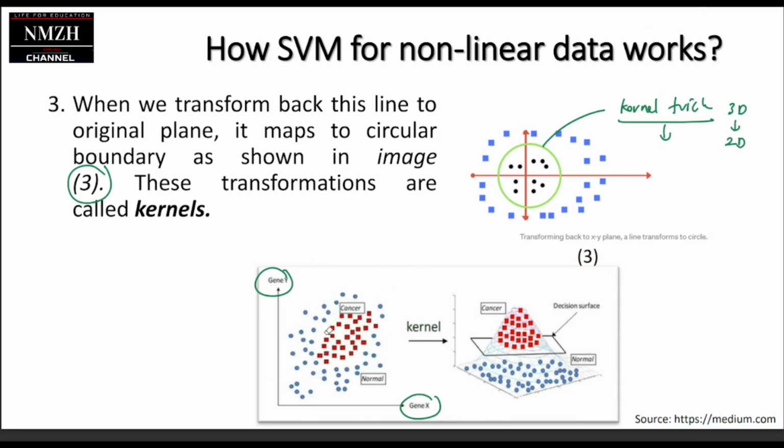So to do this, we pull this 2D into 3D because the kernel is adding one more dimension for that particular 2D. So the same thing happened. This is X and that dimension is Y and this dimension is Z.